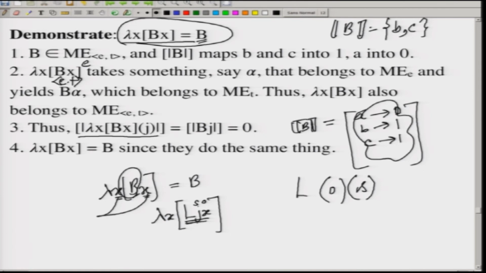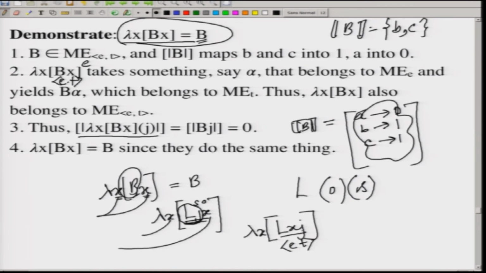Now, what does this define? So, x goes along with this, it defines those who are loved by John, if J stands for John. And on the other hand, if it had been like this, L x j, once again this L x j is of type E to T. Why is it E to T?